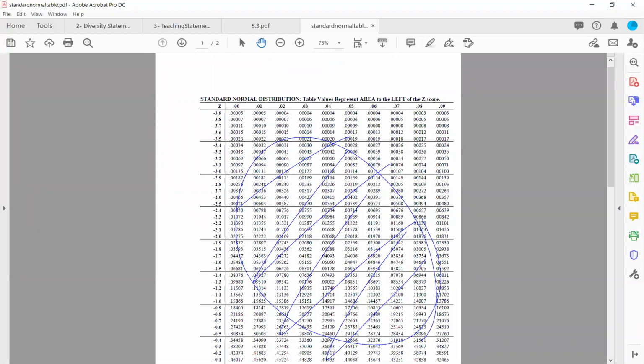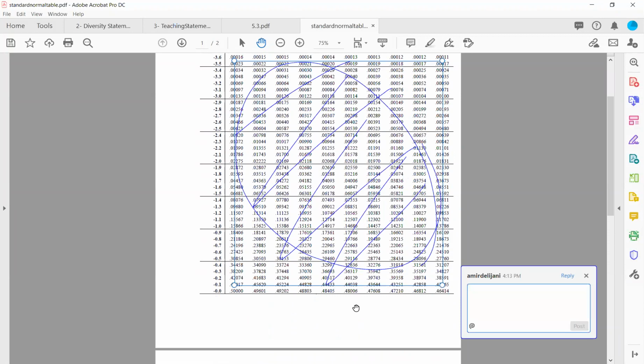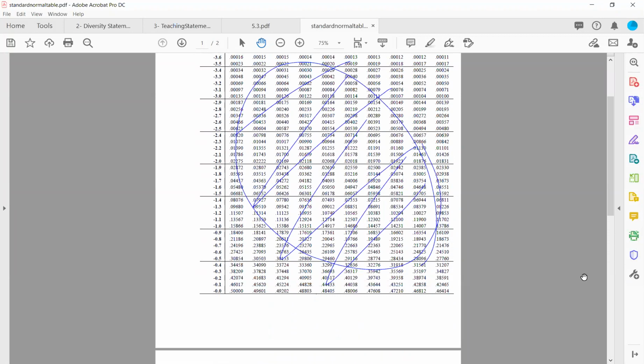Here you have to just look for that 5% somewhere inside the table. Okay, perfect. So what do we have here? Here we have 3%. Here we have, okay, 6%. I'm looking for 5% or the closest number to 5%. This is 0.049, which is closest to 5%.